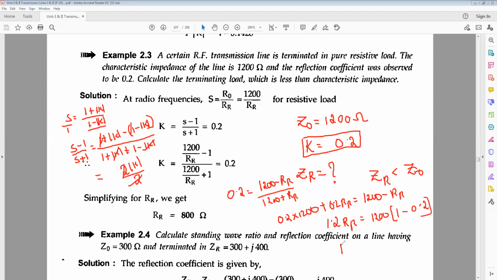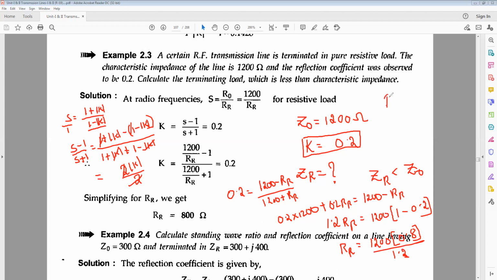Therefore RR is equal to 1200, 1 minus 0.2 means it is 0.8, by 1.2. Let us take it in terms of 0.8 and here 1.2, that is 8 by 10 and 1.2 by 10. 10 gets cancelled.